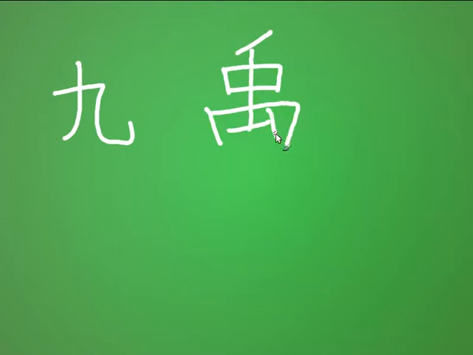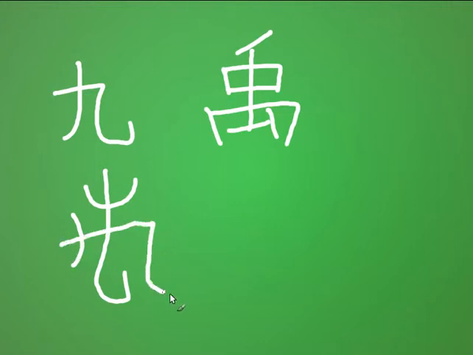Now the character that it borrowed its appearance from now looks like this, which of course looks nothing like 9, but originally it looked like this, and this is an image of a snake, this part, and a dragon, this part, and they're both worshipping. And this is the name of a Chinese dynasty as well as a Chinese god.